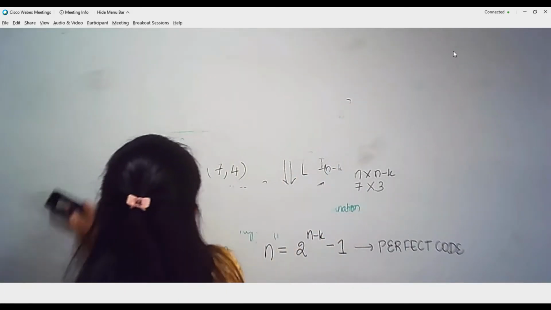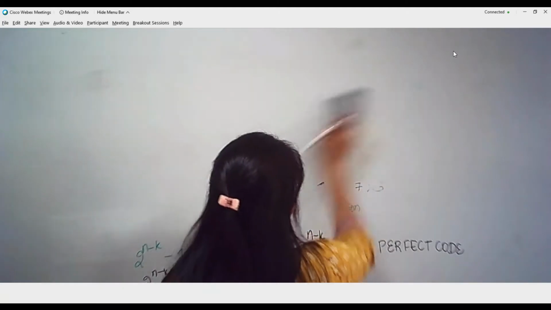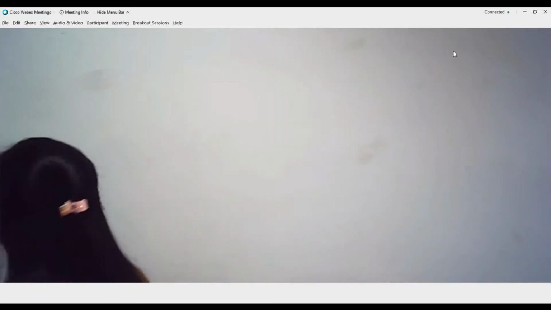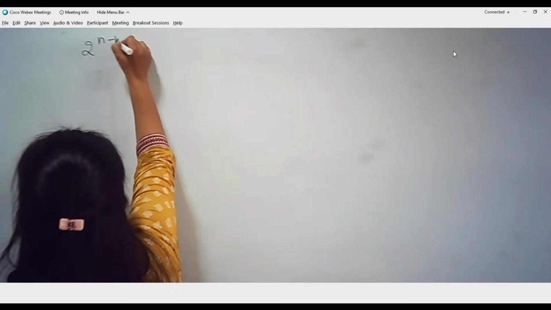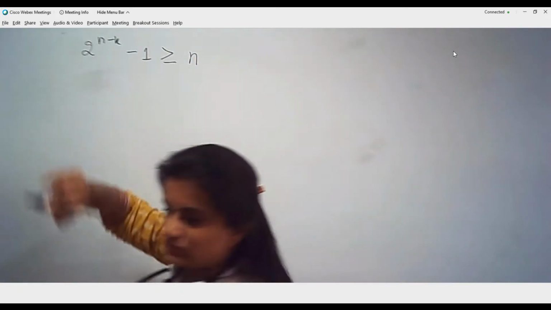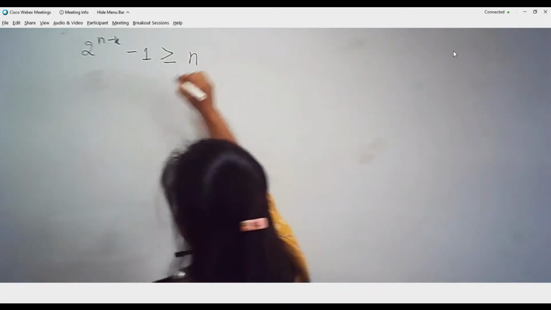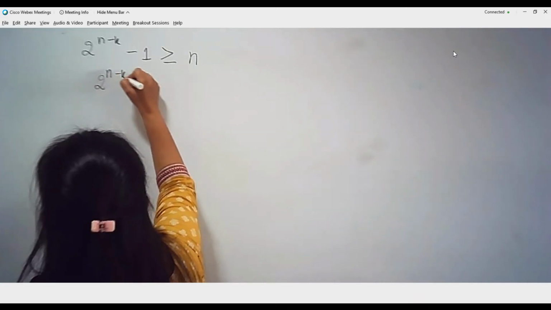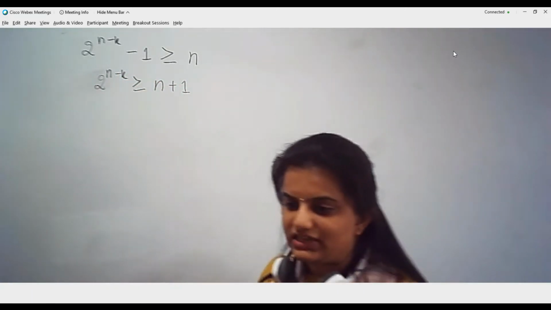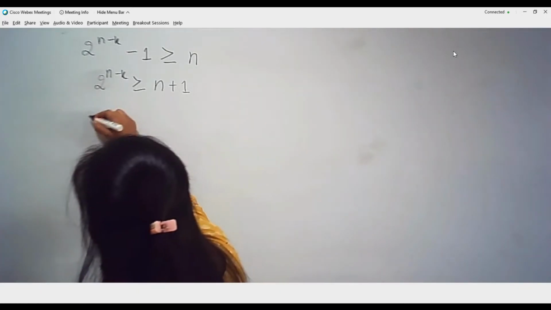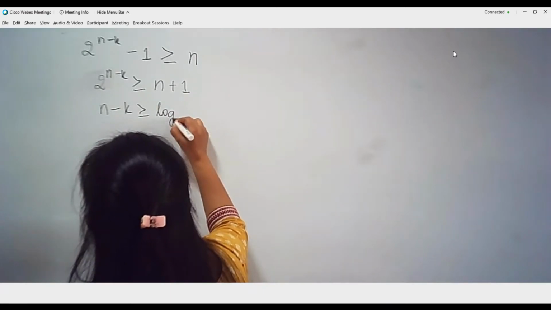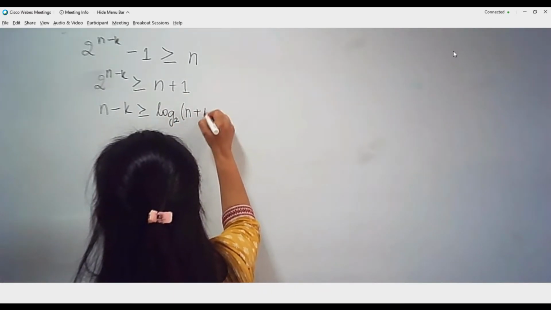So the inequality that we are going to make use of in order to know the n value is: 2 power n minus k minus 1 should always be greater than or equal to the number of bits in the code vector. I am going to rearrange the terms and bring 1 to the right hand side. Taking logarithm to base 2 on both the sides, n minus k will be greater than or equal to log to base 2 of n plus 1.